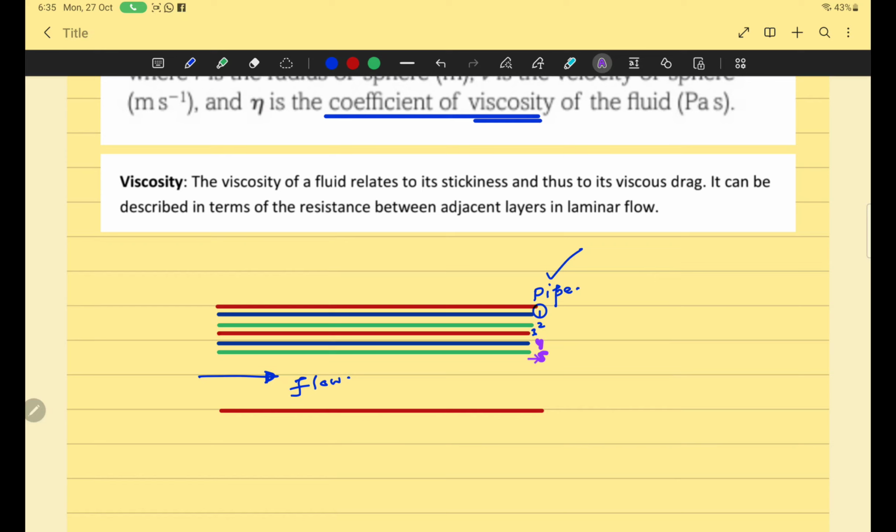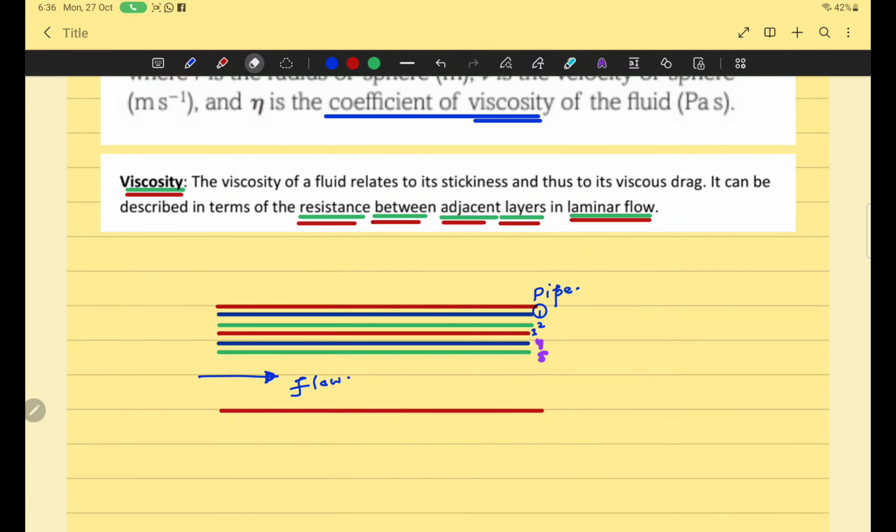Both are moving in the same direction, so the resistance between layer number 4 and layer number 5 will be very minimum. So the resistance between adjacent layers in laminar flow is called viscosity. Viscosity is the resistance between adjacent layers in laminar flow.